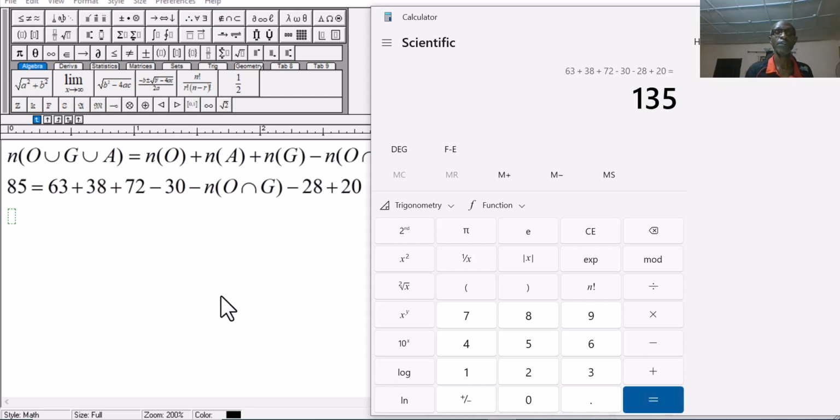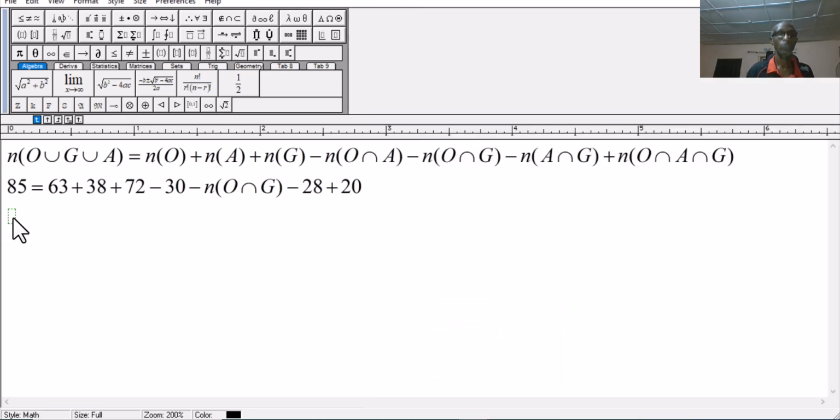That's 135. So 85 equals 135 minus O intersection G.